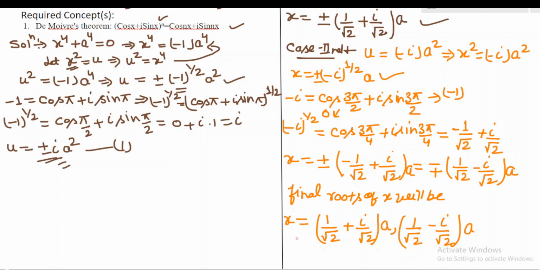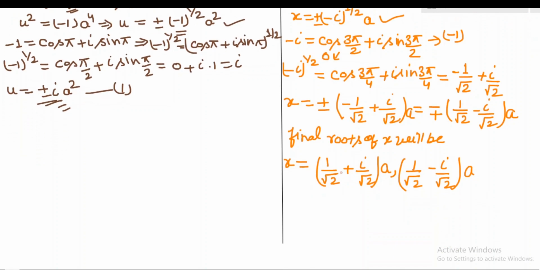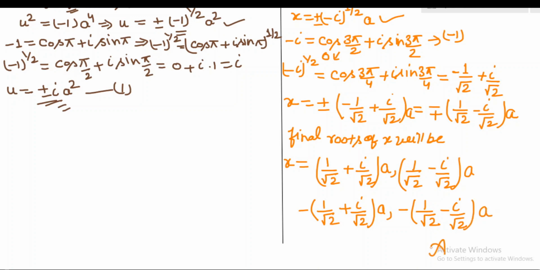So now we will take the negative roots, that will be minus 1 upon root 2 plus i upon root 2 a, and then minus 1 upon root 2 minus i upon root 2 a, and this is our required answer.